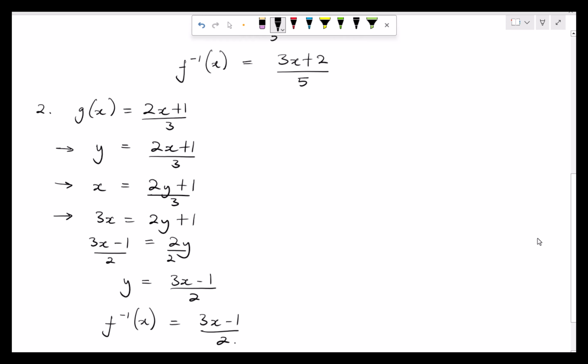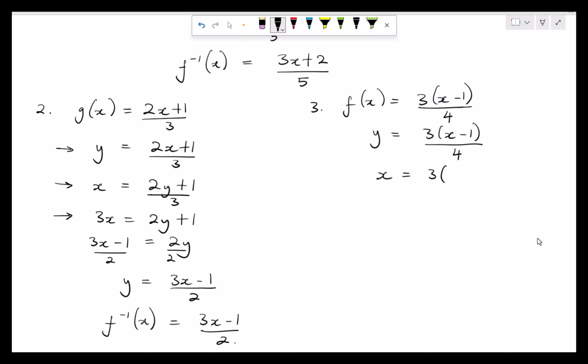Another example, let's look at f of x is equal to (3x minus 1) all over 4. So first step, you let y be equal to (3x minus 1) all over 4. And then you interchange x and y. So you get x is equal to (3y minus 1) all over 4.